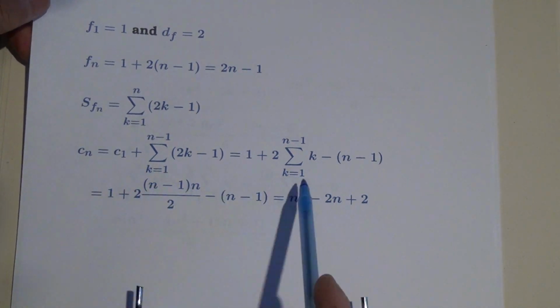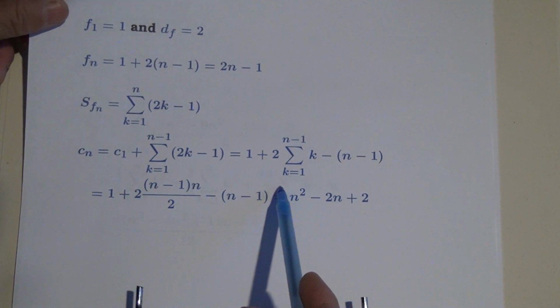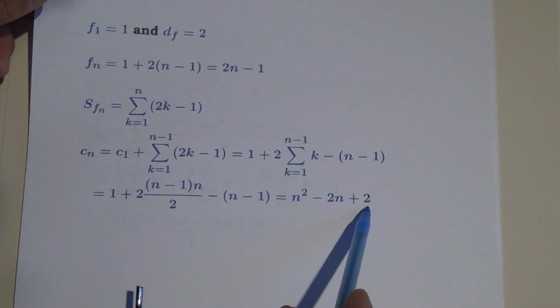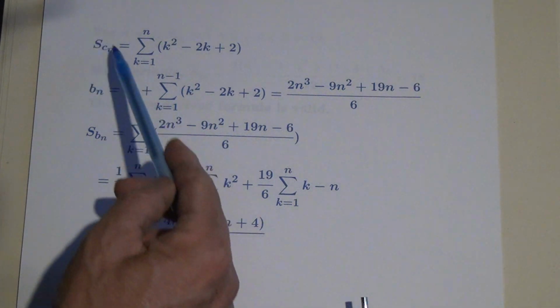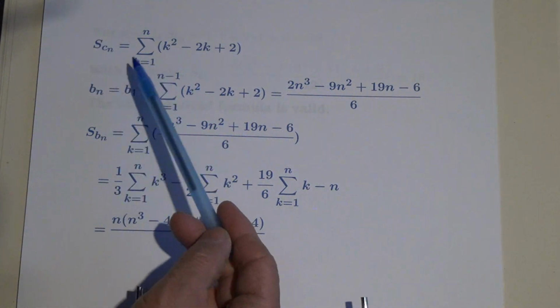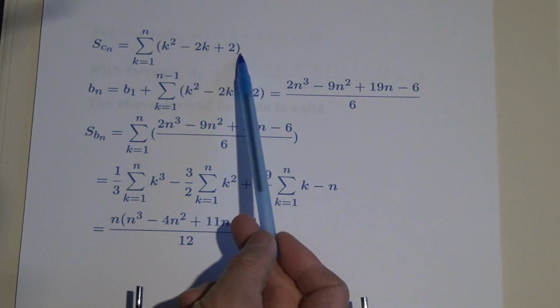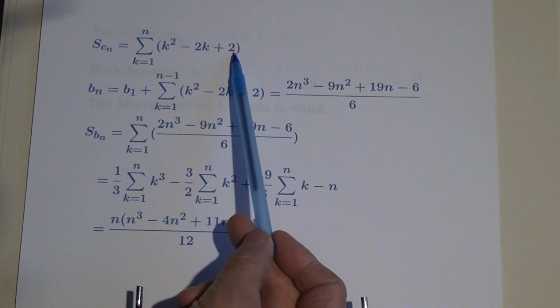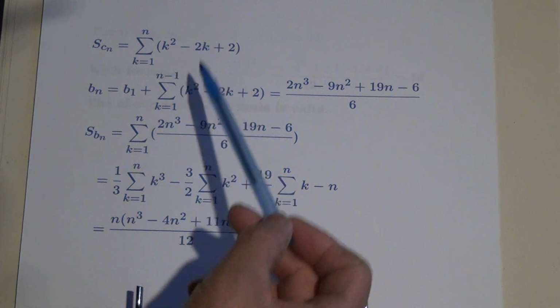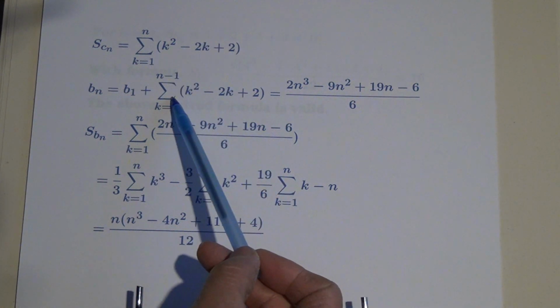Once we have a general term, we just need to put the sigma notation to get the sum. So, the sum of the third subsequence would be sigma of k squared minus 2k plus 2. Okay? And again, to save time, we just replace it here. Just write down.